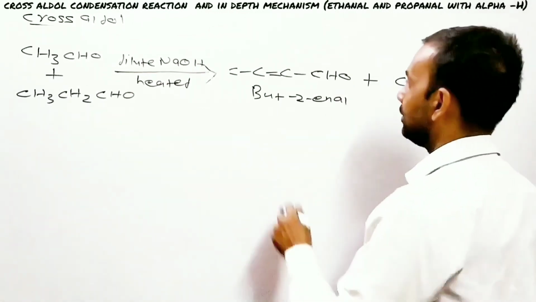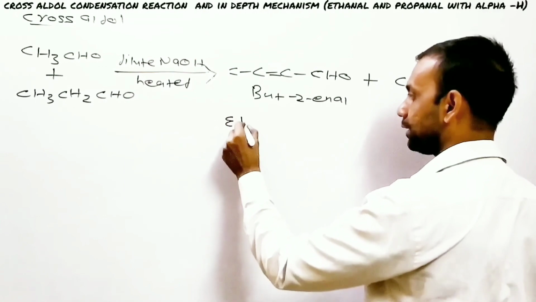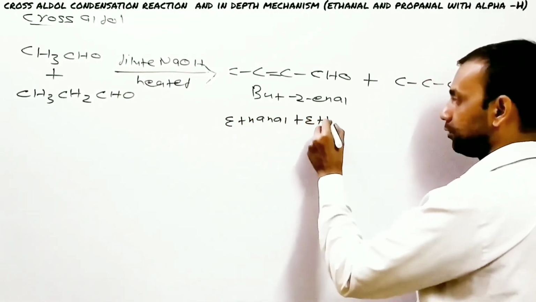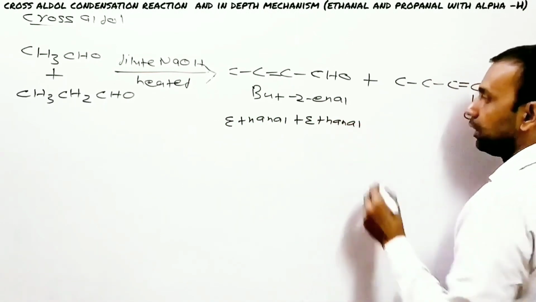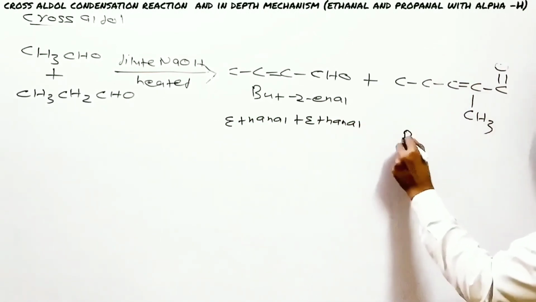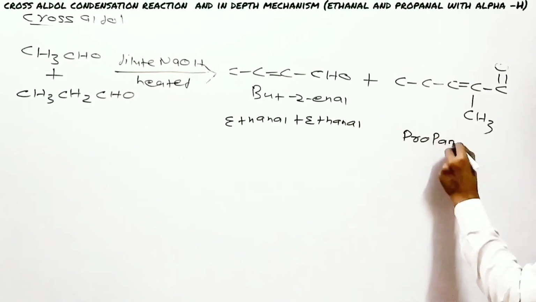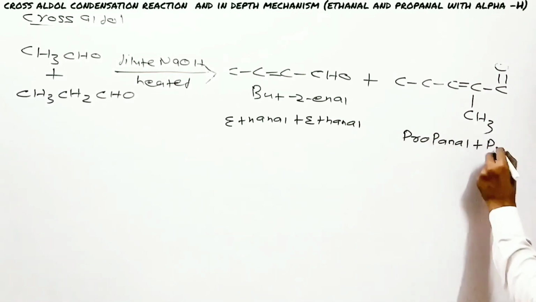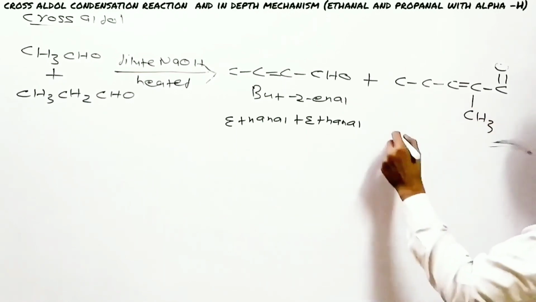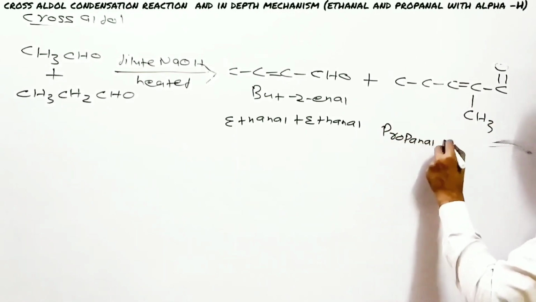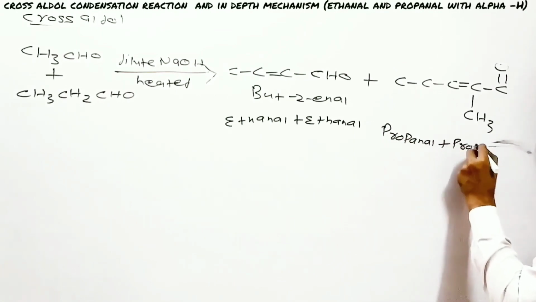Now, this butanol product is coming from ethanol plus ethanol, while this is coming from propanol plus propanol.